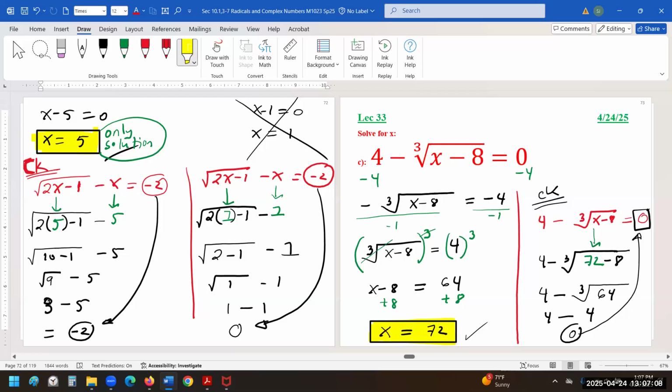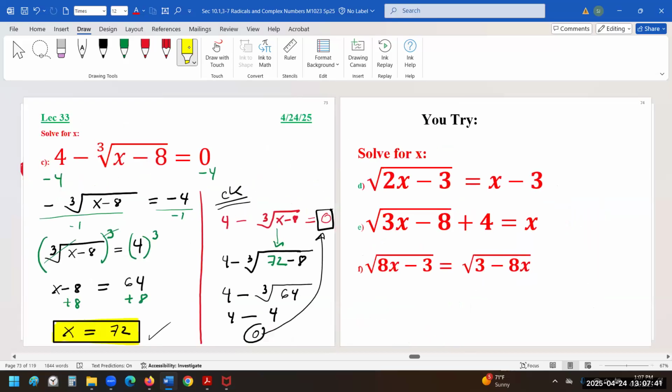Any question? I have to flip twice. So let me know when you're done with the left side.